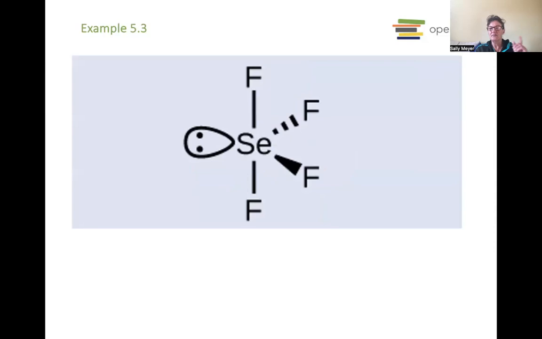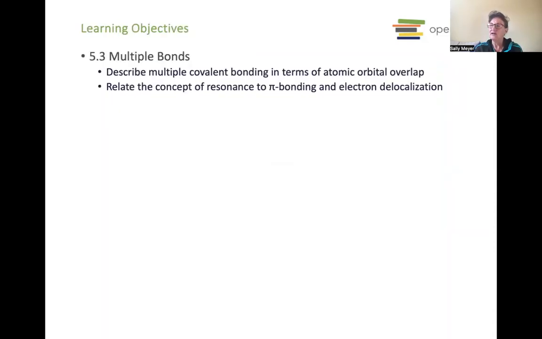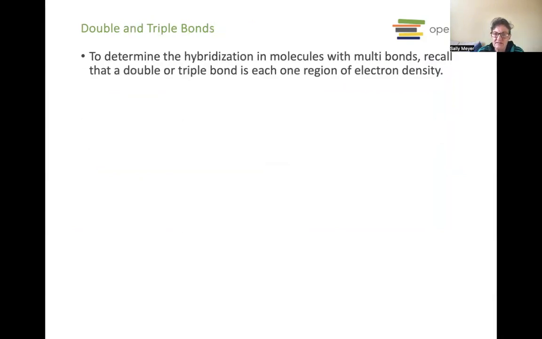But we're going to be thinking about what kind of bonding that leftover p orbital on each of those atoms can create. So a single bond is always a sigma bond. A double bond is 1 sigma bond and 1 pi bond. A triple bond is 1 sigma bond and 2 pi bonds.